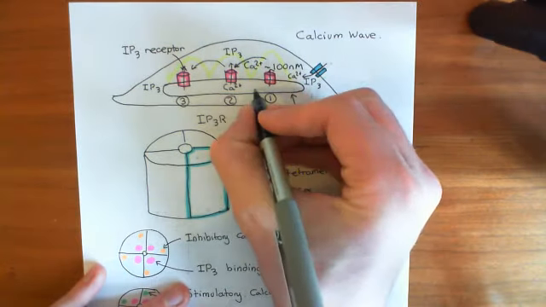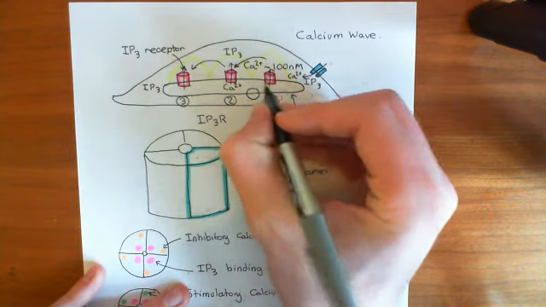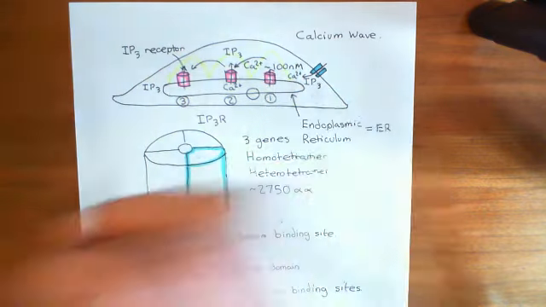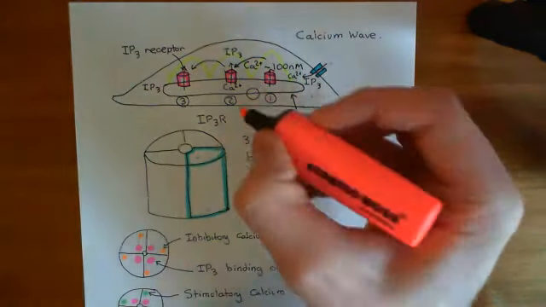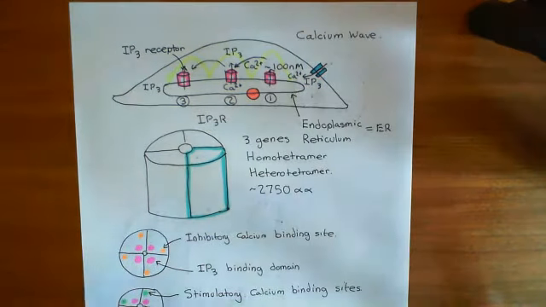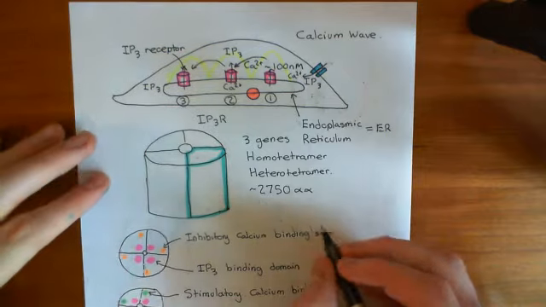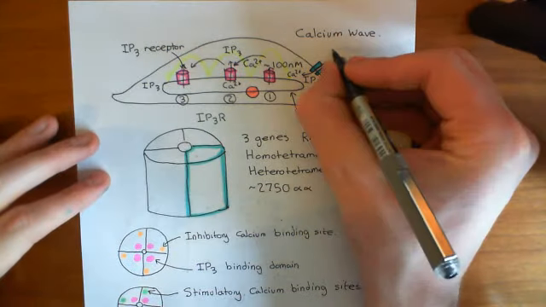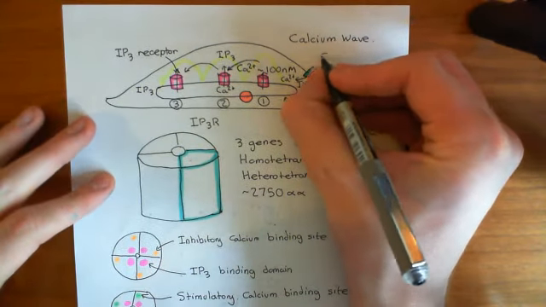It's because there is a pump in the membrane of the ER, which I'll draw here. So let's draw this in red here. In red here, we have what's known as the sarco/endoplasmic reticulum calcium ATPase, which I'll write up here.